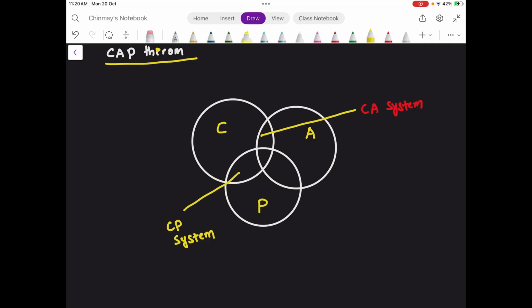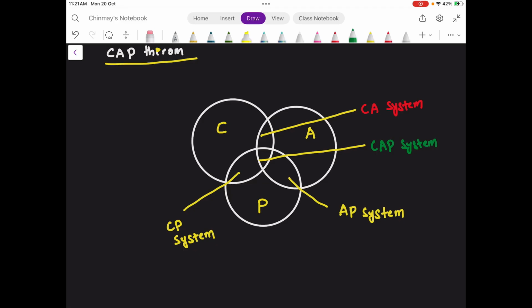The combination of P and A denotes an AP system. The combination of C, A and P denotes a CAP system.